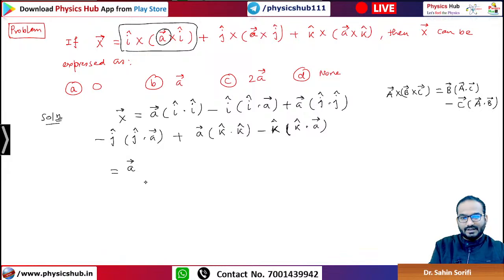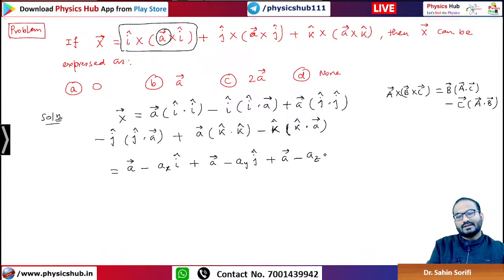So A minus A dot i cap, meaning the x component of A, that is AX i cap, plus A minus AY j cap plus A minus AZ k cap. So 3 A's are coming, that gives you 3A, and AX i cap plus AY j cap plus AZ k cap gives you vector A. So 3A minus A is 2A. So option C is the correct option.